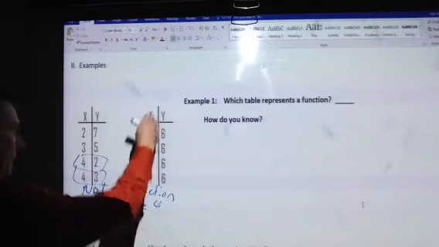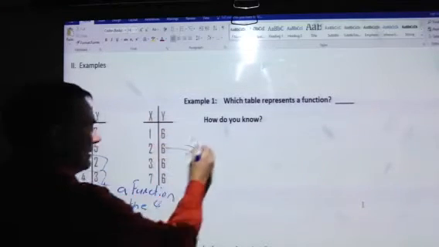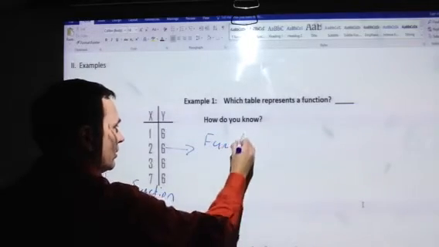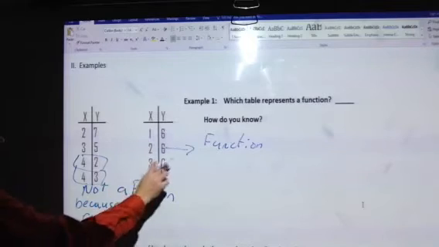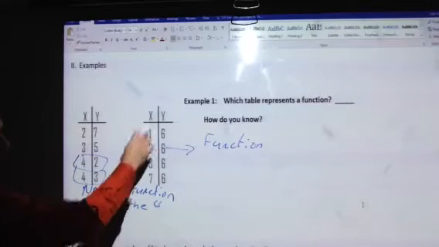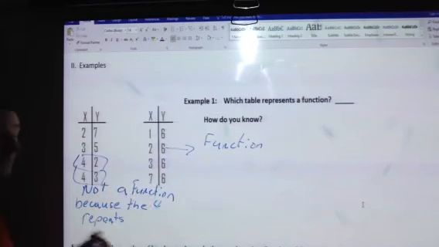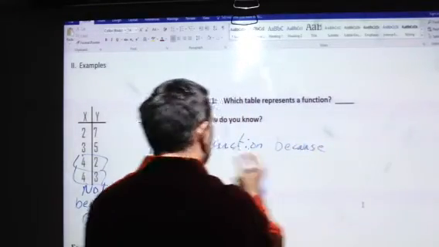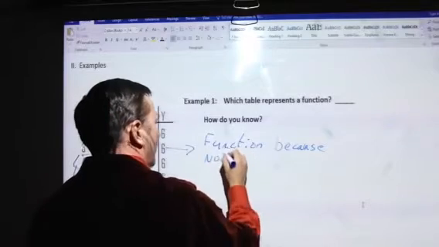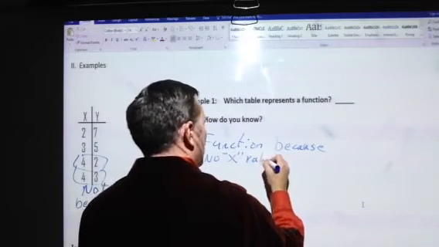Whereas the second one, this is a function. 1 and 6, 2 and 6, 3 and 6, 7 and 6. None of the x values repeated. So this is a function because no x value repeats.